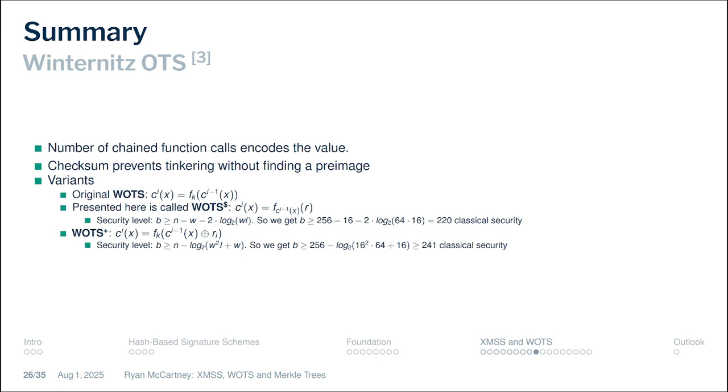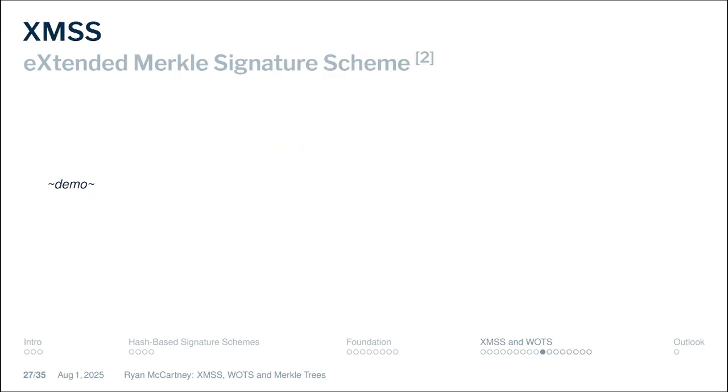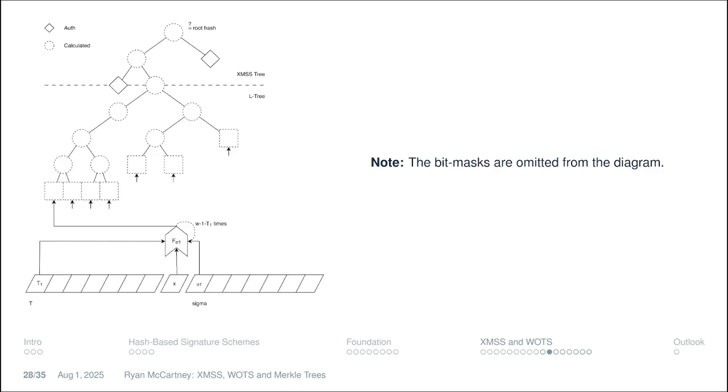Okay. The extended Merkle signature scheme is very simple, building upon this Winternitz one-time signature and the Merkle signature scheme. We just swap out the Lamport-Diffie one-time signature scheme for what they call an L-tree. We can see this now here.